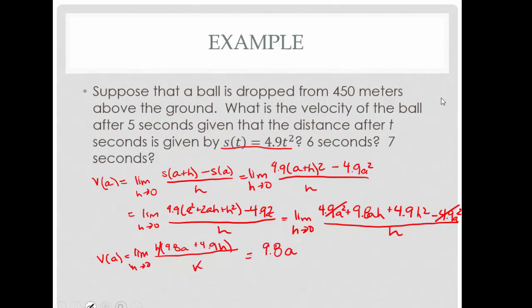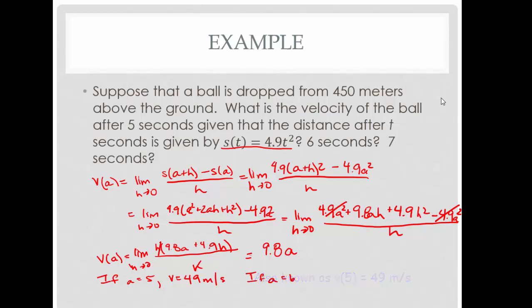So in other words, if you're looking at a equal to 5, so 5 seconds, if you take 9.8 times 5, you get 49 meters per second. So the instantaneous velocity at 5 seconds is 49 meters per second.